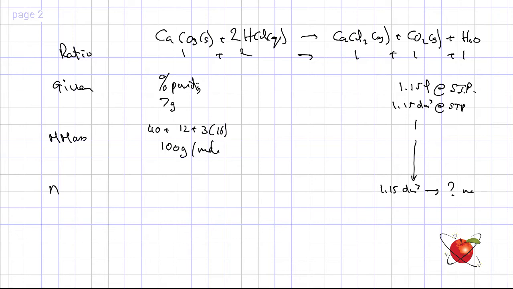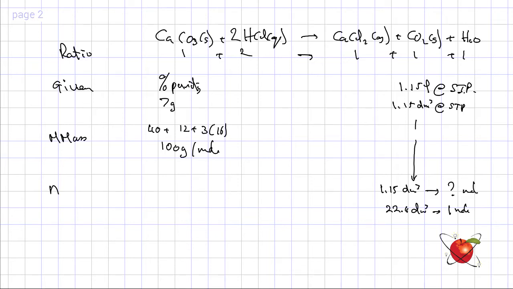How many moles? We know 22.4 decimeters cubed is 1 mole. Therefore, how many moles is that?